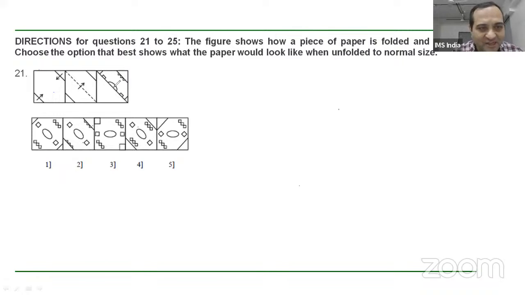Can I say when this unfolding happens, I will get one circle here. So options number 3 and 5 get eliminated because the circle given in options 3 and 5 is wrong. Then I will get 2 smaller squares here.